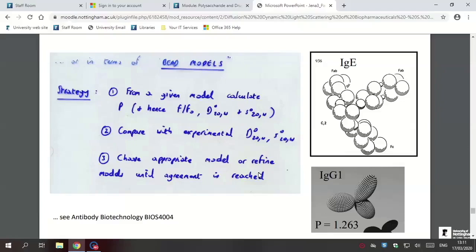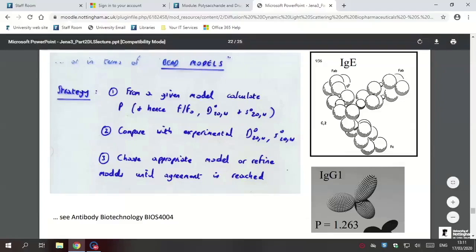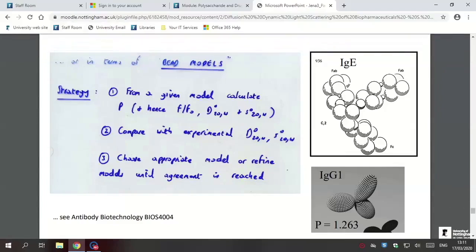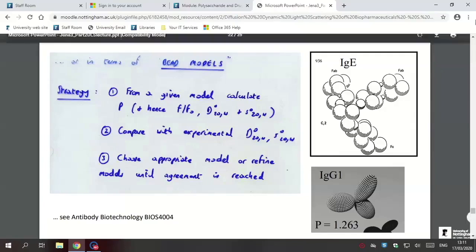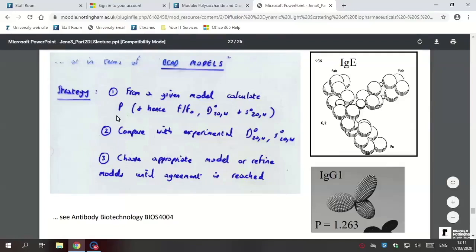And then you've got to be aware of this uniqueness problem, the fact that you get a model which agrees with the experimental data, but to take into account that there may be other models which also agree with the data, you use different types of functions from, for example, X-ray scattering and the Rg parameter and things. Just to reiterate, the dynamic light scattering with the diffusion coefficient can give us the P-value, but you can also get the P-value from the sedimentation coefficient as well. This method is quicker. This method is generally more accurate.